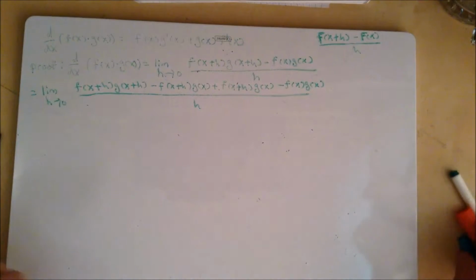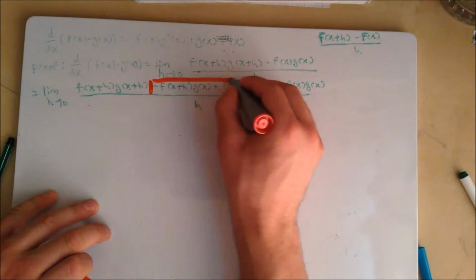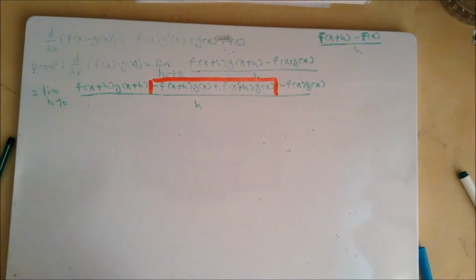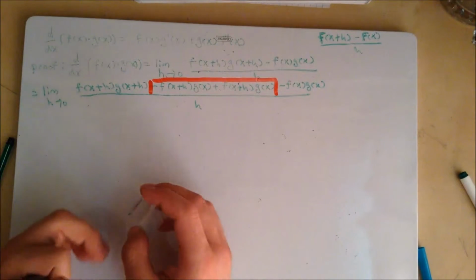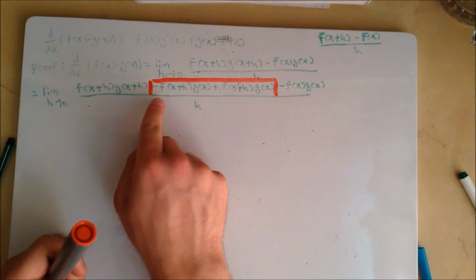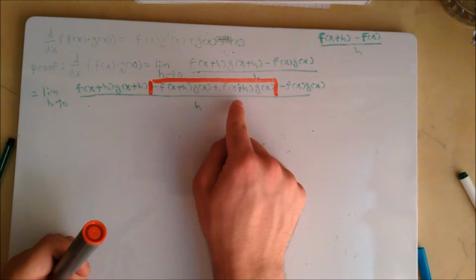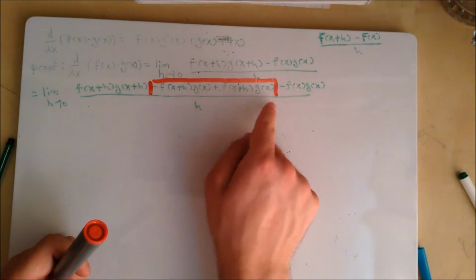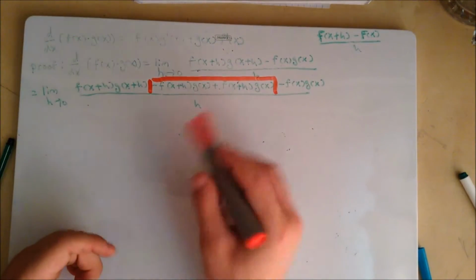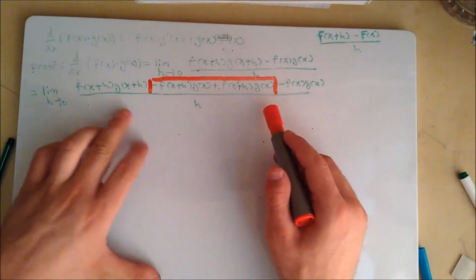So now you see that this part came out of nowhere. All I did here is there's a simple trick for this question. You subtract f of x plus h, g of x, and then you add f of x plus h times g of x. Sorry. What this does, the value of this is just 0, so it doesn't change the value. But what that does is it helps us factor out.